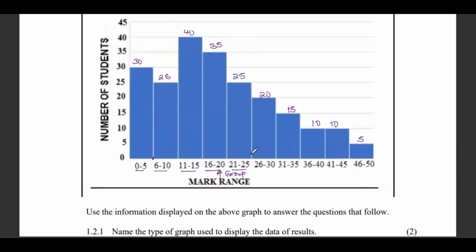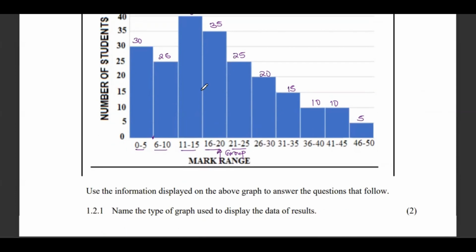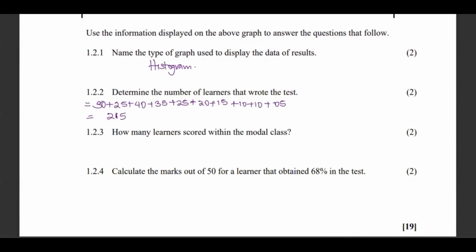The modal class is the number that appears most.